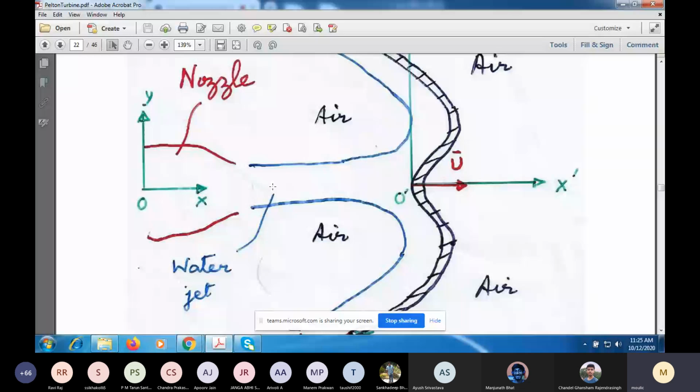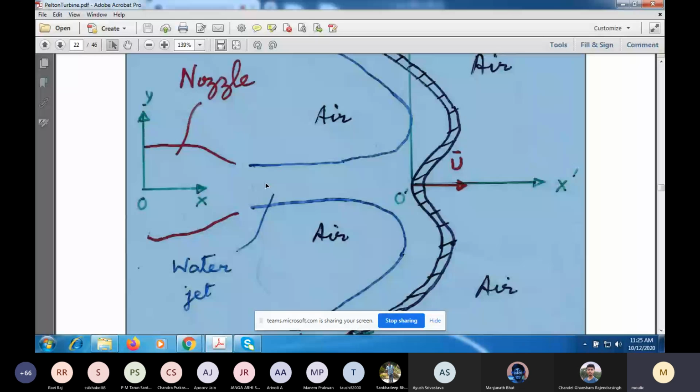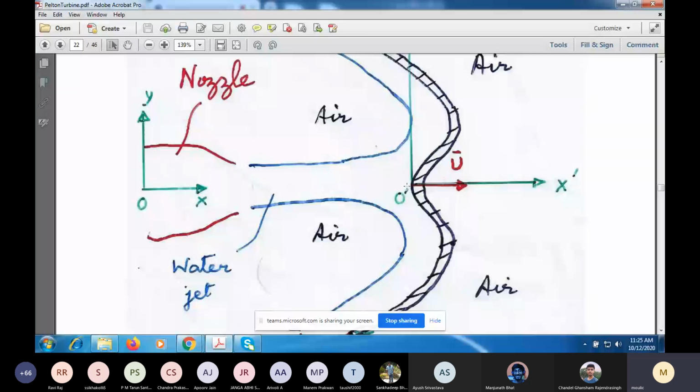So the pressure plus relative kinetic energy at this point will be the pressure plus the relative kinetic energy at that point. And the relative kinetic energy here is 0 because streamlines will be intersecting. When two streamlines intersect, in this case relative streamlines, the relative velocity there has to be 0.